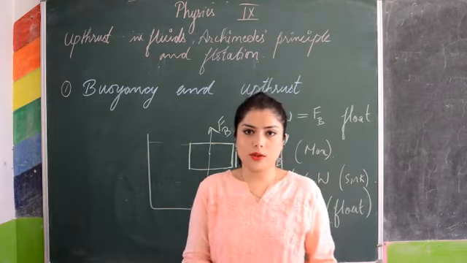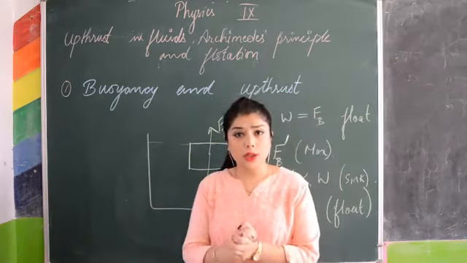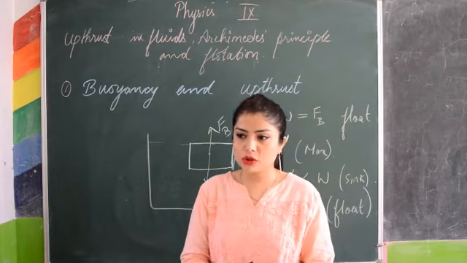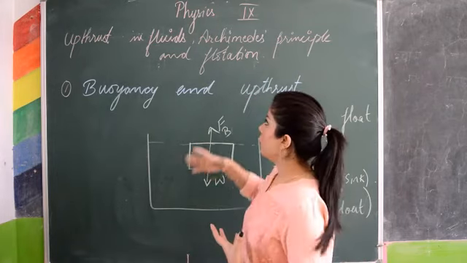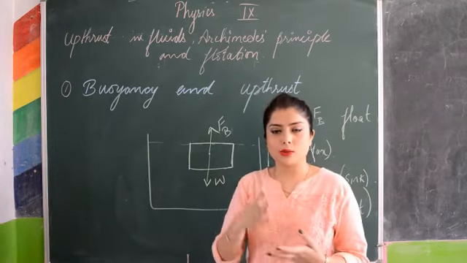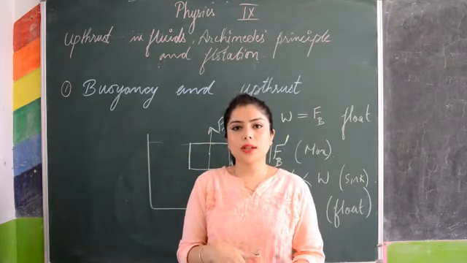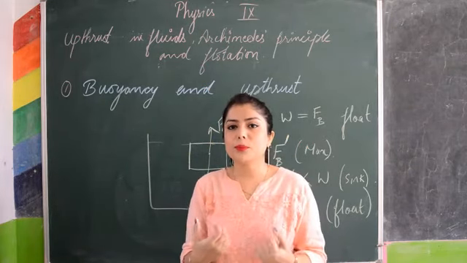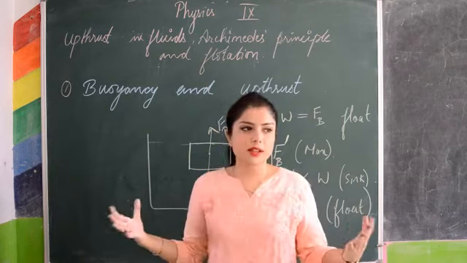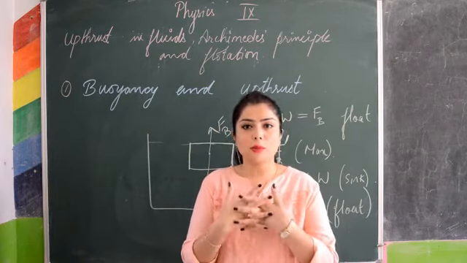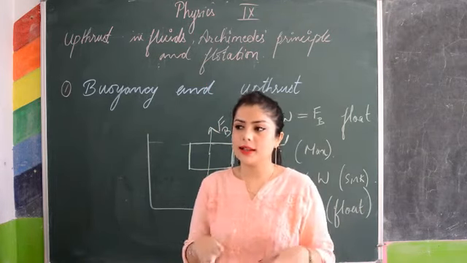Now, this is in terms of liquid. Like liquid, because liquid is made up of molecules, similarly we are talking about fluids. Fluid means liquid as well as gases. Like liquid, gases also have got the same property. So whenever there is a gas around, our body is floating on that gas.